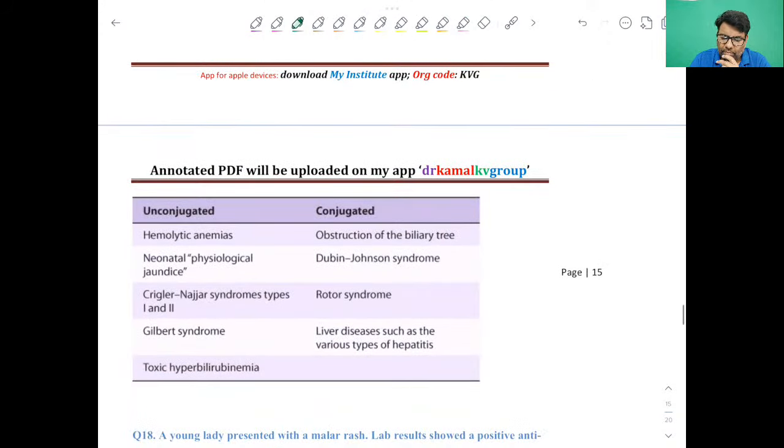Clear? So on unconjugated, just remember two facts: either there is hemolytic anemia, so that there is excess production of bilirubin, or there is any condition of the liver so that the liver is not capable of conjugating normally produced bilirubin, right? So Crigler-Najjar and Gilbert, these are the two conditions related to unconjugated hyperbilirubinemia.